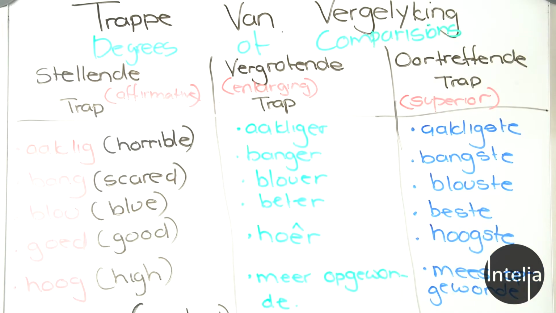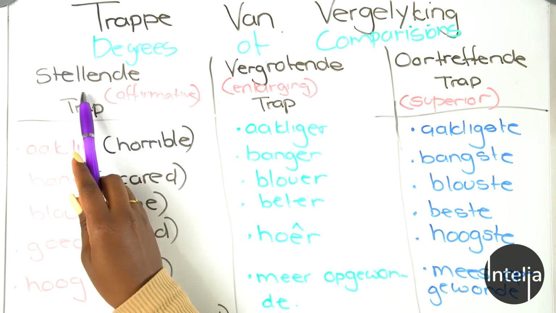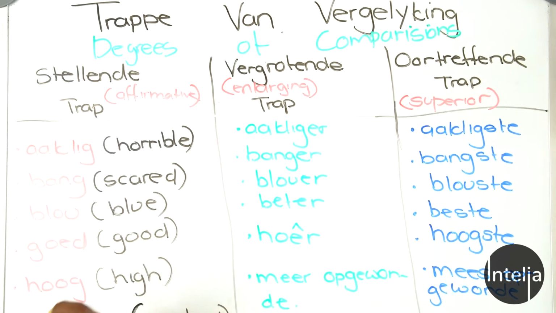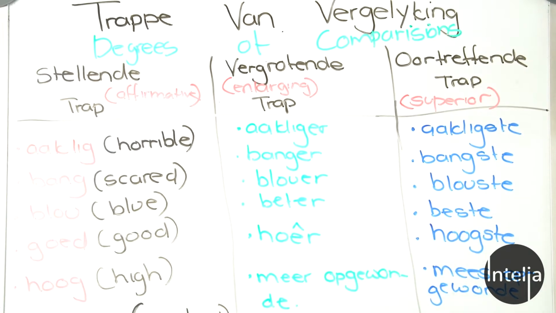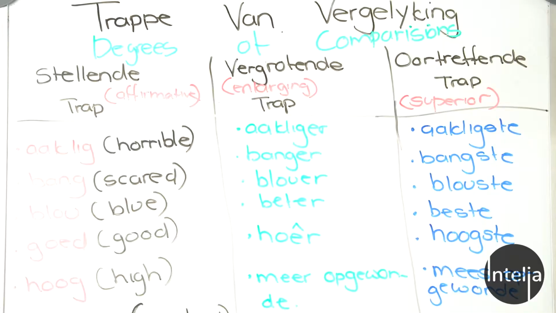Okay, degrees of comparisons. So, ons het die stellende trap. Trap on its own means step. So when we're talking about degrees of comparisons, we're talking about moving up. We make reference to a staircase because every step that you take on a staircase is taking you higher up or lower down. There is no righter or lefter. It just keeps going up or it goes down.